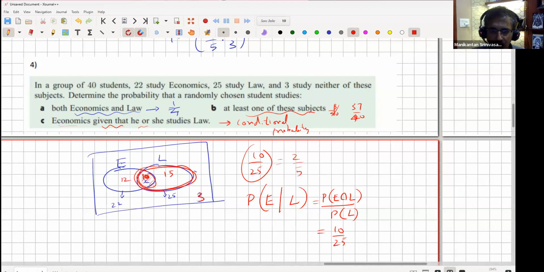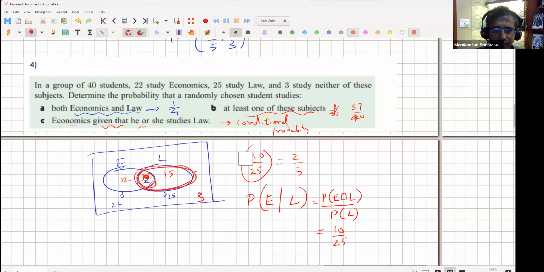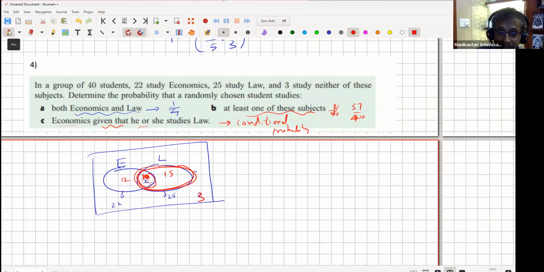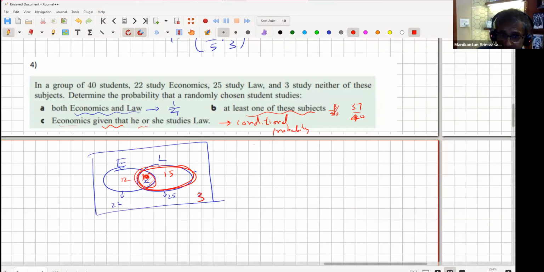Okay, so let me ask a question on conditional probability again on the same thing. What is the problem? This one. Okay. I understand the 10, but not 25. Okay. Given he or she studies law, which means forget the rest of the universe. Your universe is only these 25. In this 25, you have to be among the 10. That's it. Oh, okay.